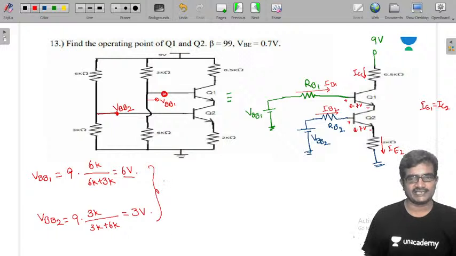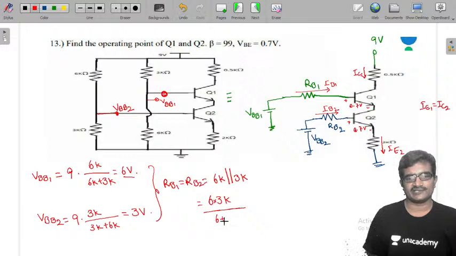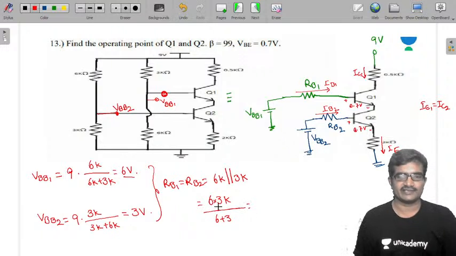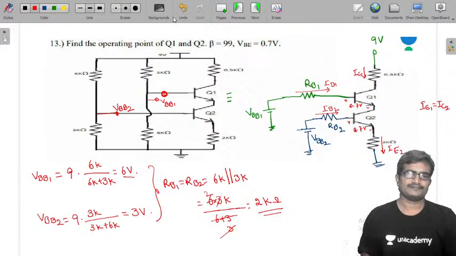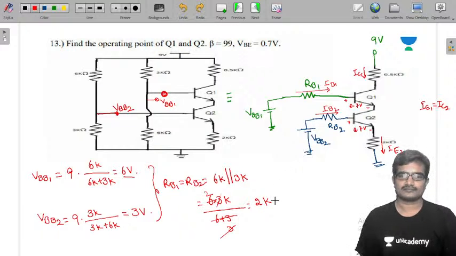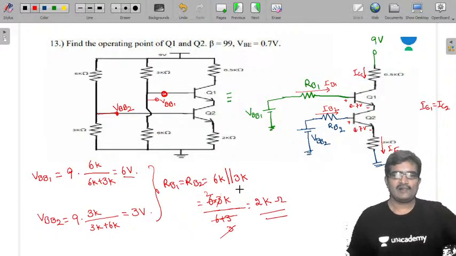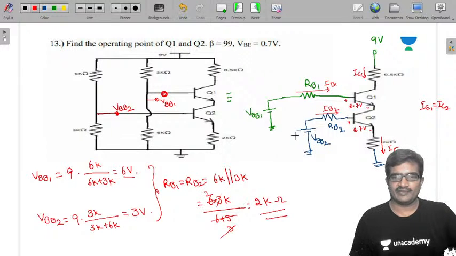And in both cases RB1 equals RB2 equals 6k parallel with 3k, that is 6 into 3k by 6 plus 3, which is 2 kilo ohms.